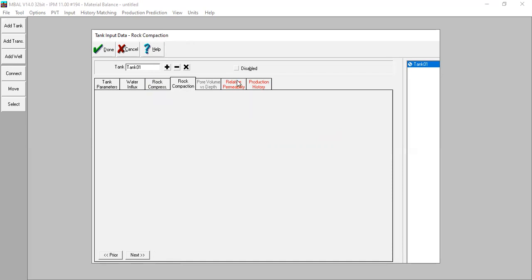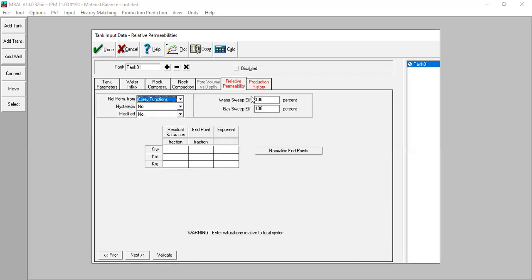And then relative permeability, based on core analysis data, I know my relative permeability is like this. This is the residual or connate water saturation. This is the residual oil saturation and the residual gas saturation. This is the endpoint for water, the maximum relative permeability for water.